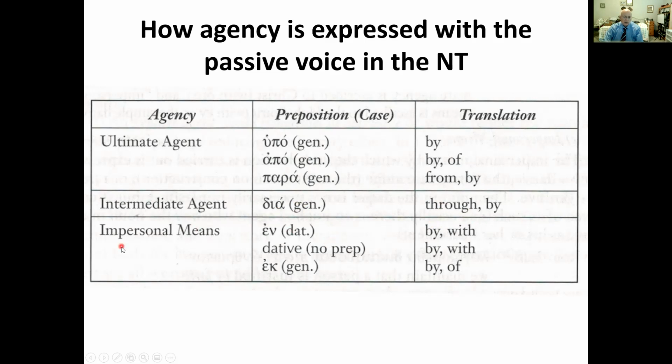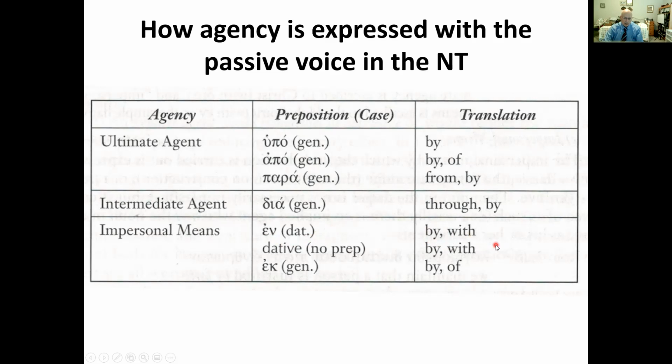And then we have impersonal means, en with the dative case, which in that case means water. He was baptized in hudati. He was baptized in water, or baptized by water, or baptized with water.